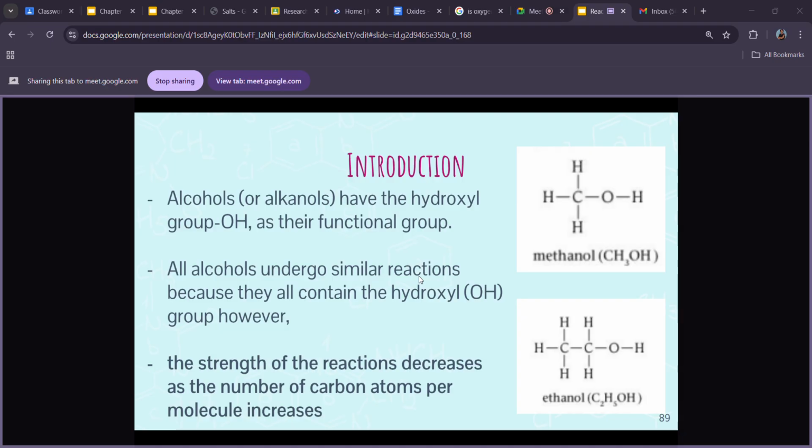What was the question, Miss? Why is it that the reactivity decreases as the number of carbon atoms increases? Yes, anybody found anything?